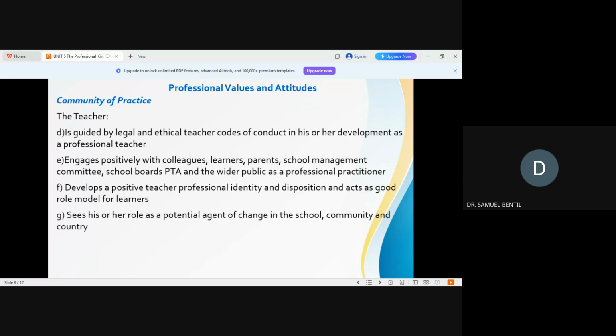As a teacher, you must see your role as a potential agent of change in society, community, and what? Country. Very important. So if you see yourself as a potential agent of change to transform the students, to go and transform their community, and you are transforming these students in a negative way by flirting with some of them, sleeping with some of them, sending some of them to buy soccer and those things for you, you are teaching them to be a negative agent of society.